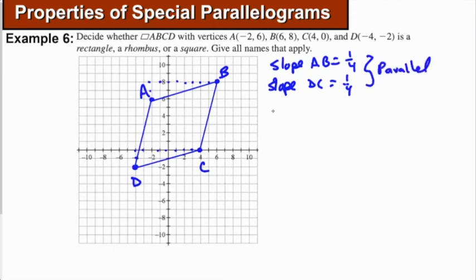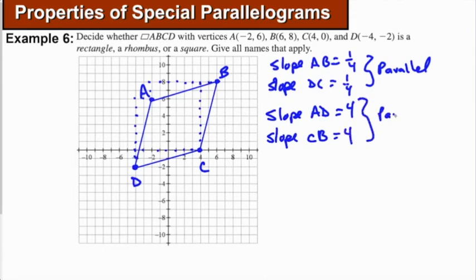And then we'll do the slope of AD. From D, we go up 1, 2, 3, 4, 5, 6, 7, 8, and over 1, 2. 8 over 2 is 4. And the slope of CB, we start at C, we go up 1, 2, 3, 4, 5, 6, 7, 8, and over 2. 8 over 2 is 4.